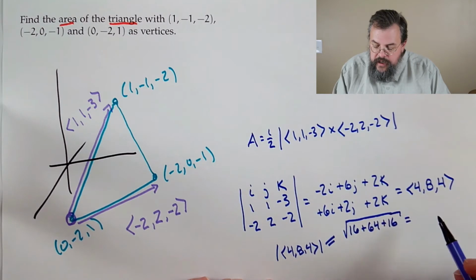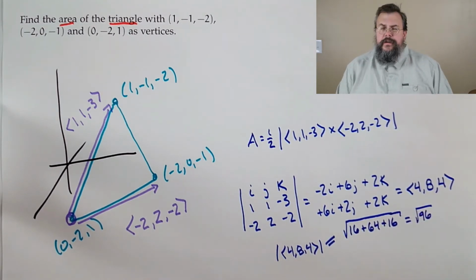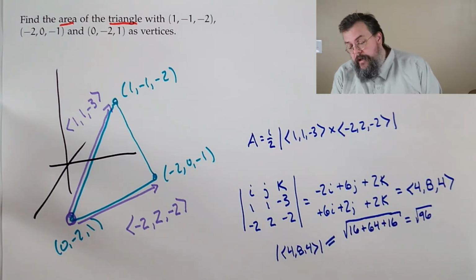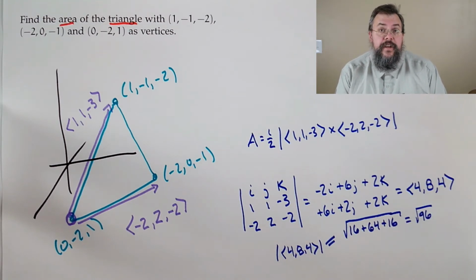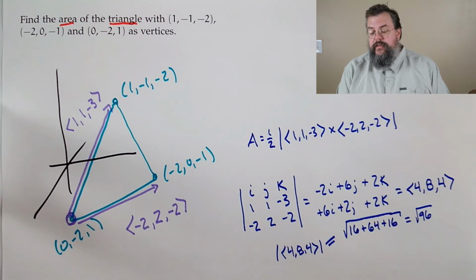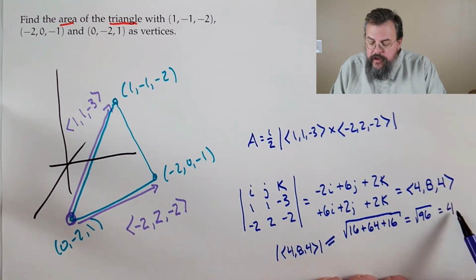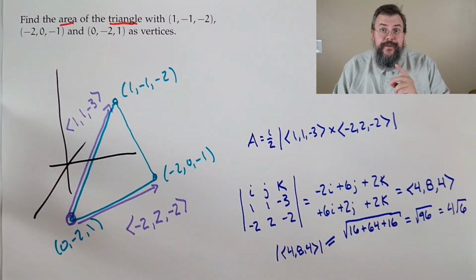Well, what's that? That's the square root of 96. And you might say, well, can you simplify that? It turns out that 96 is divisible by 16. It's 16 times 6. And so if you take the square root of 16 out, that becomes 4 square root of 6.